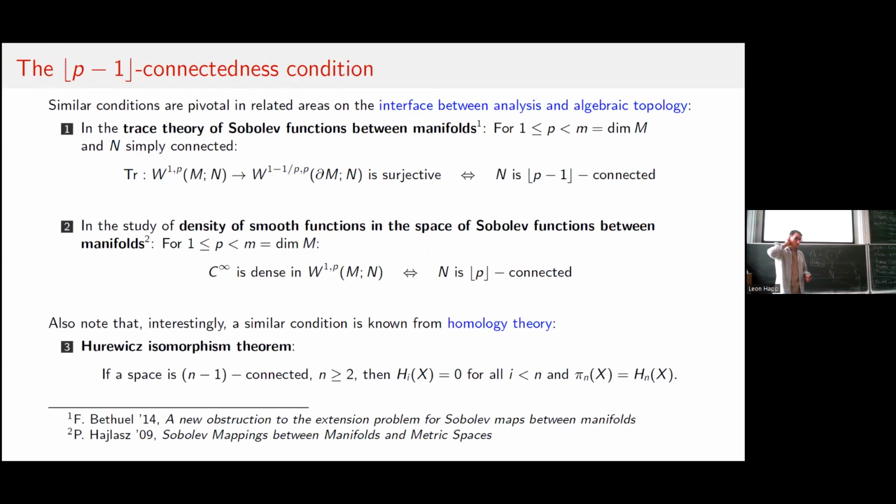And then last but not least, also in the Hurewicz isomorphism theorem, which is a very famous theorem in homology theory, which connects the nth fundamental group with the nth homology group, you have a similar condition, saying that you look at some space X, and if this is n minus 1 connected, then also your first n minus 1 homology groups disappear, and the nth homology group is isomorphic to the nth fundamental group.